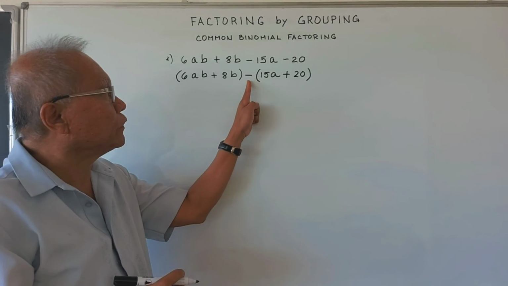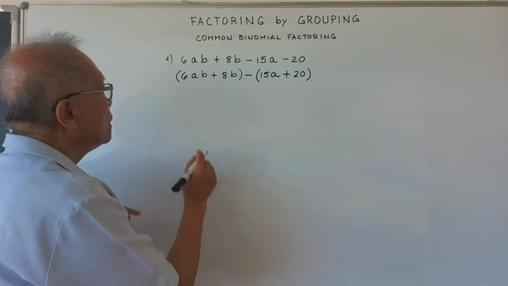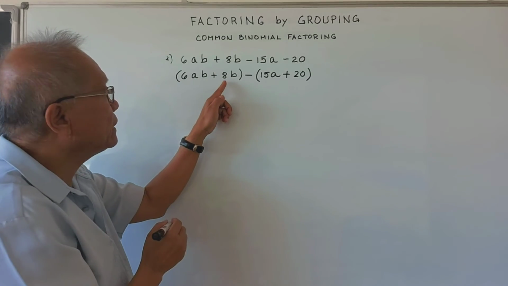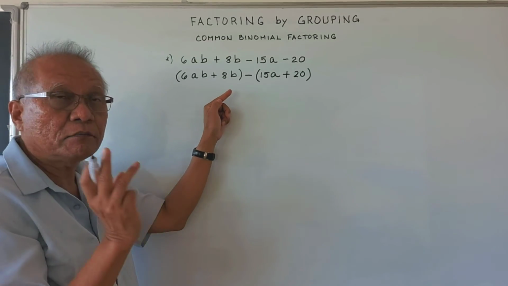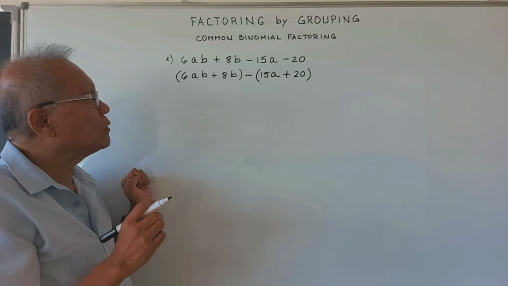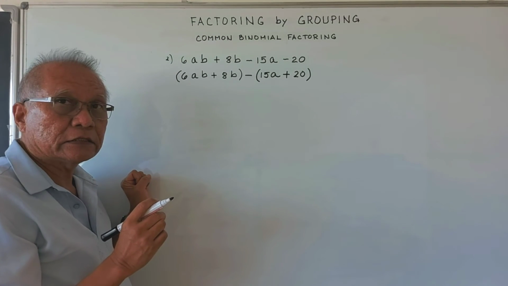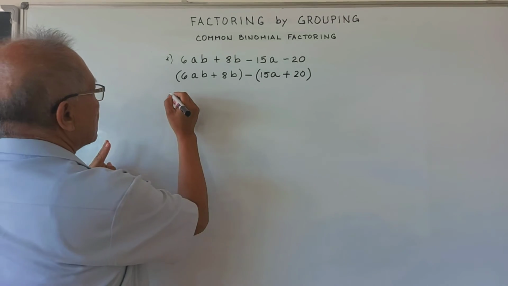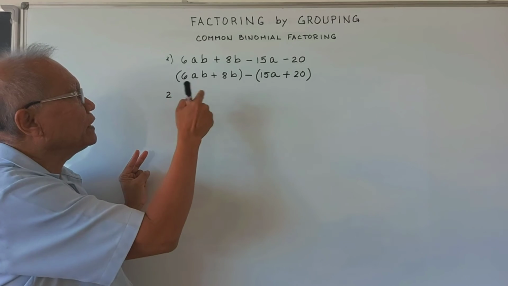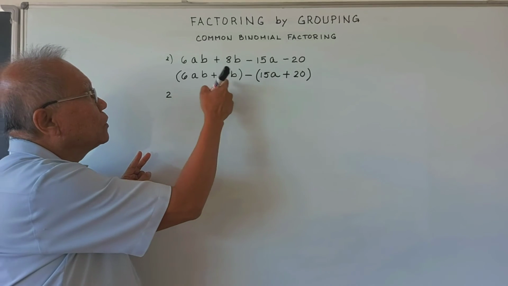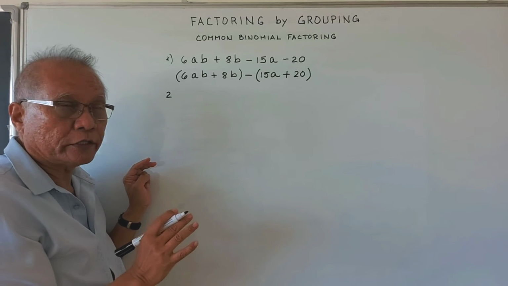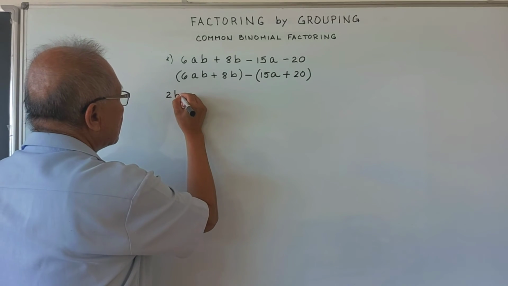Okay, careful here. Let's have the common monomial of 6ab and 8b. Let's take the numbers 6 and 8. What's the number common to both 6 and 8? It's 2. So we write here 2. What about ab and b? b only, because this one doesn't have an a. a cannot be our common. So we have b here.